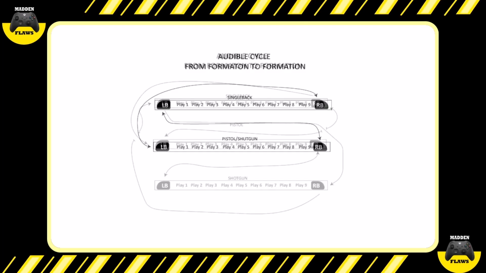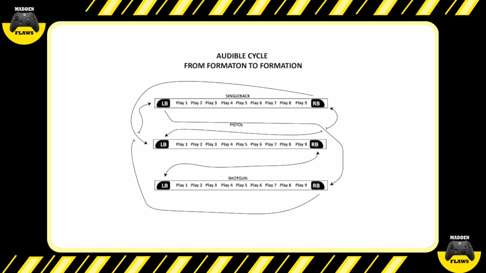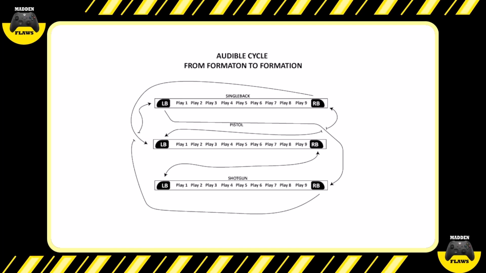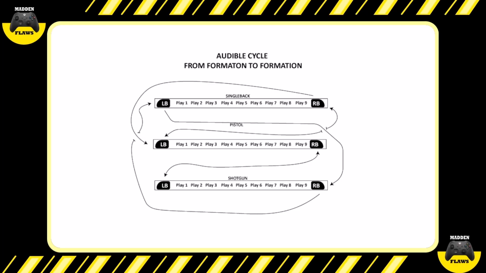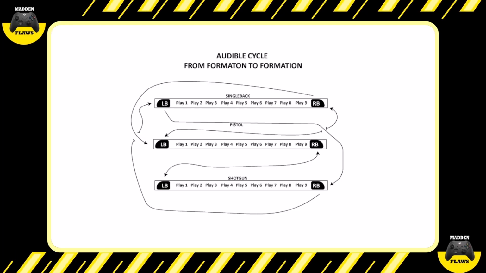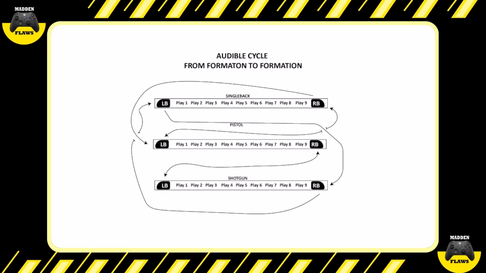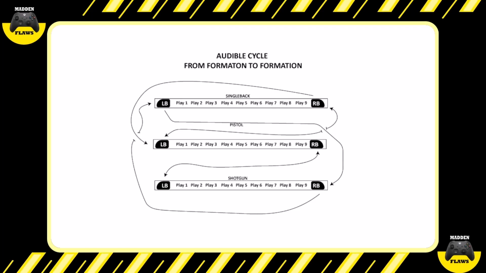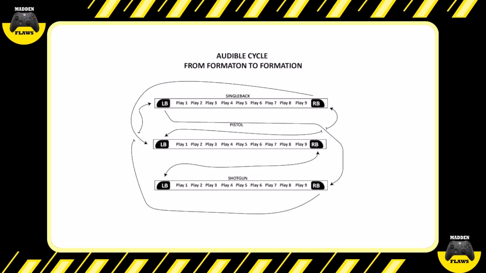And of course, if you have all three, then you go from Singleback, and pistol now becomes the middle. If you're on the RB, because see what happens is that takes you to the next stage right here. So not the end.